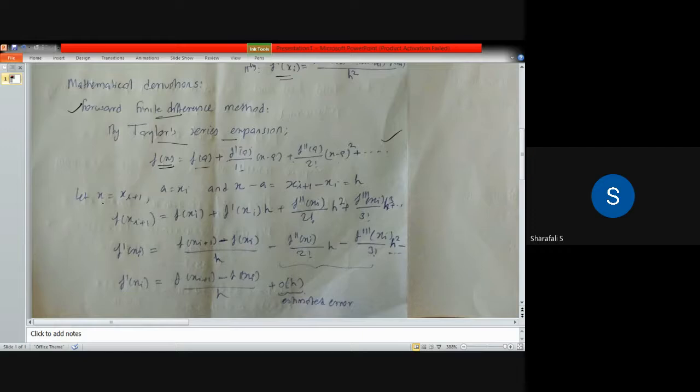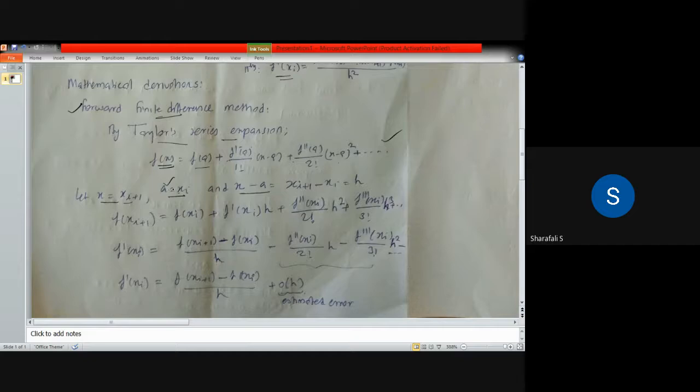We can write, for example, let us consider x equal to xi plus 1 and a equal to xi, and x minus a. So that is the difference. If you consider a equal to xi, which means the point where you had to find out the df by dx.